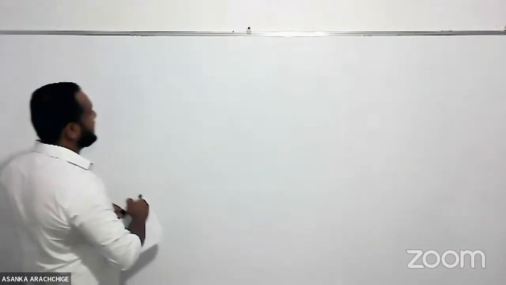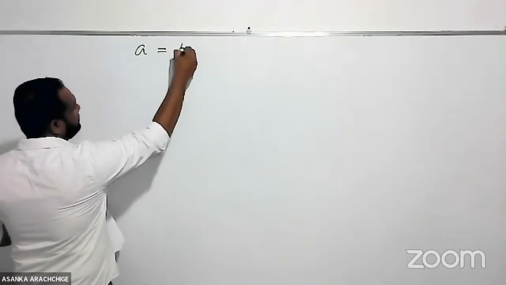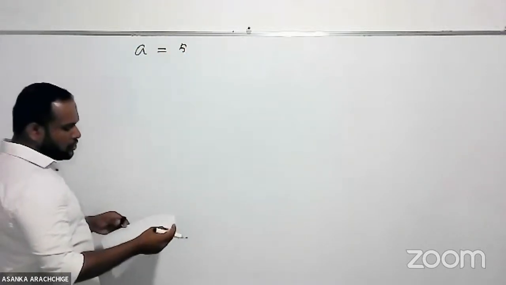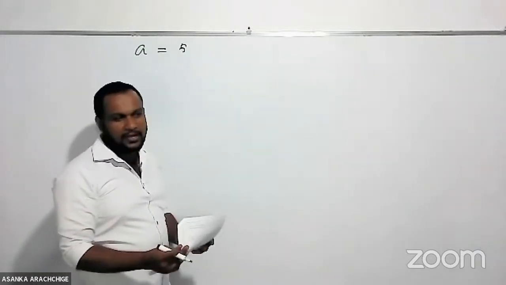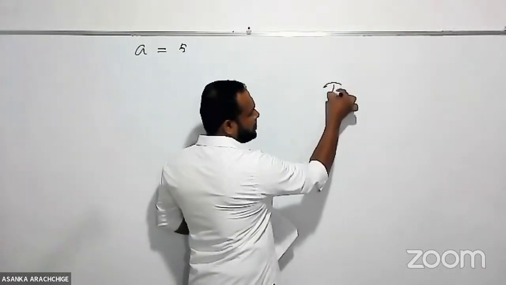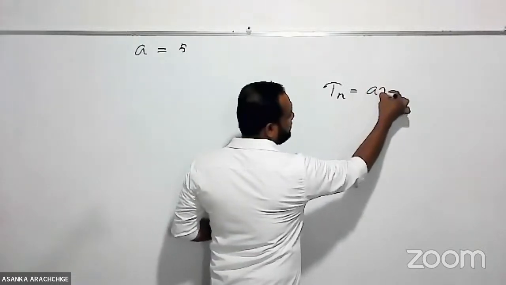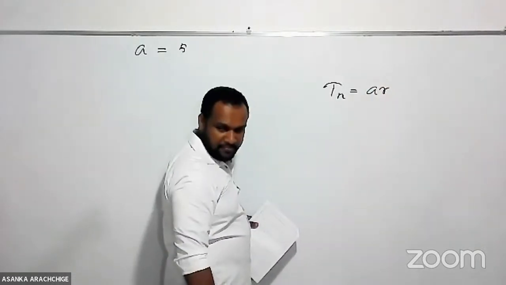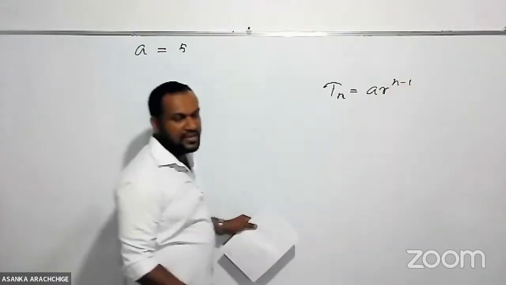First term A. A is given to be 5, right? So how to write the fourth term in terms of A and R? In a geometric progression, you know the nth term Tn is equal to A times R to the power n minus 1.